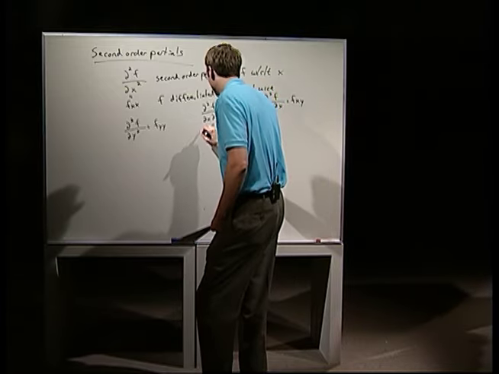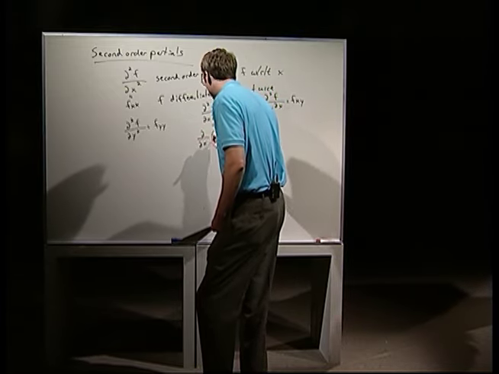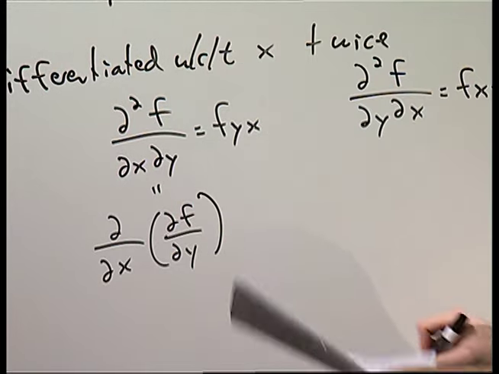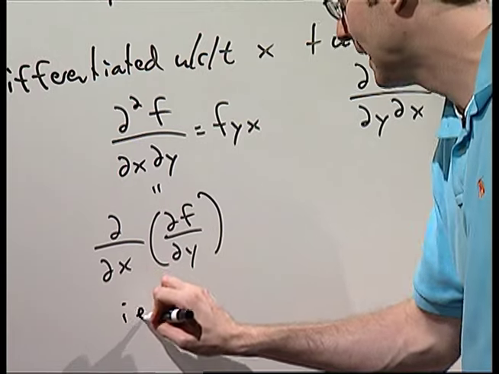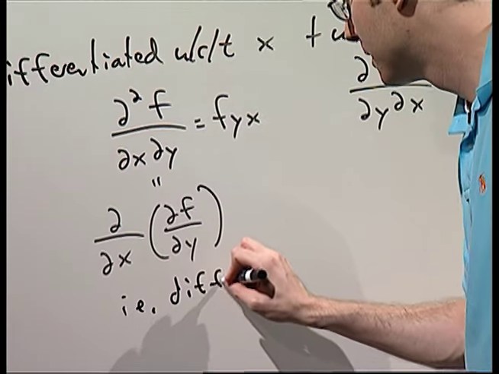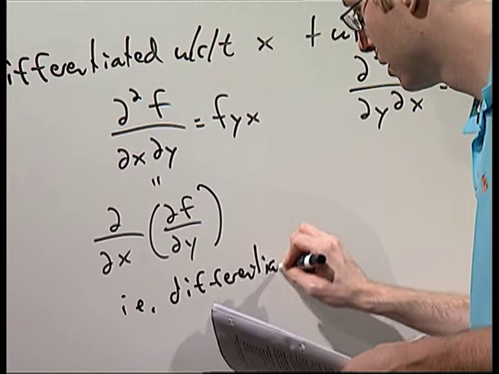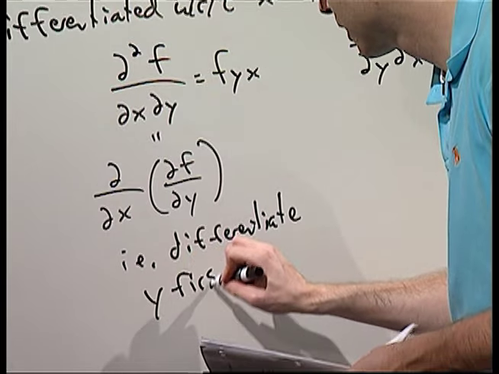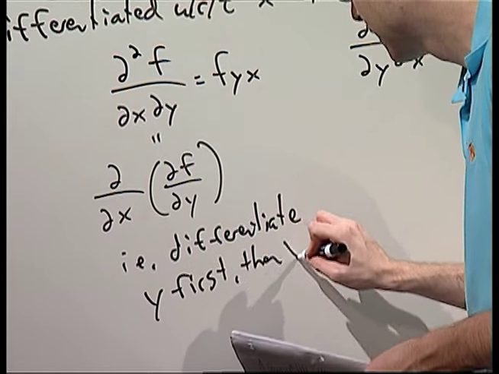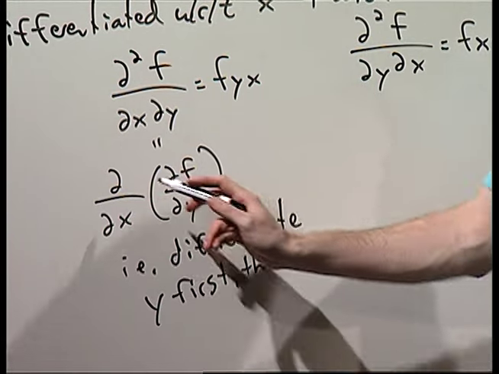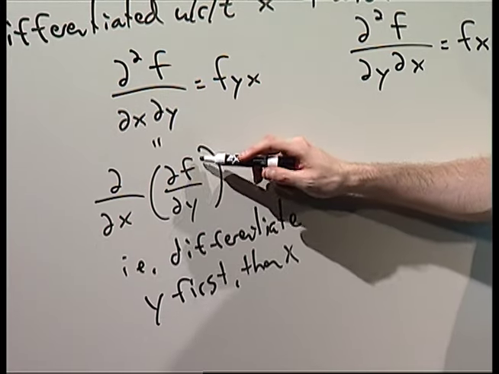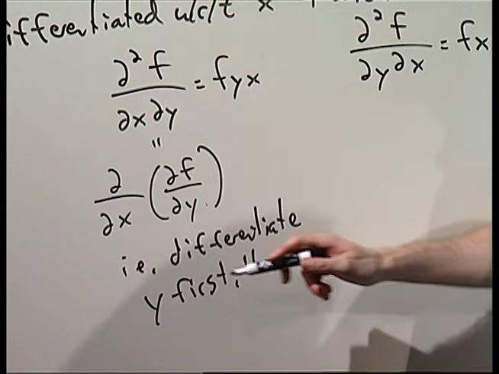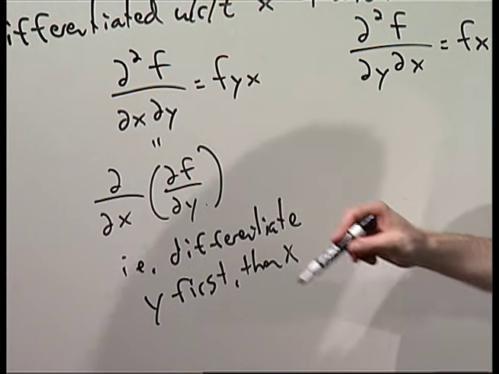It is the partial with respect to x of the partial with respect to y, i.e., differentiate y first, then x, because this is taking partial x of a partial with respect to y.